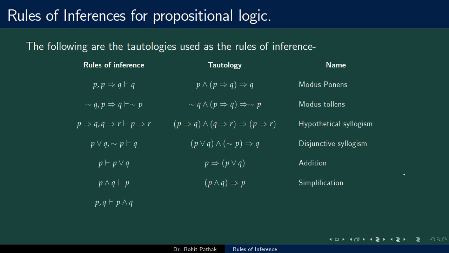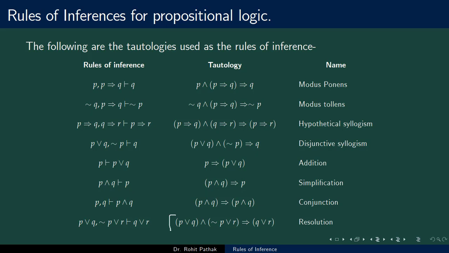Then P and Q give the conclusion P and Q, because P and Q implies P and Q. This is called conjunction. Then finally, P or Q and negation P or R give the conclusion Q or R. This is called resolution.